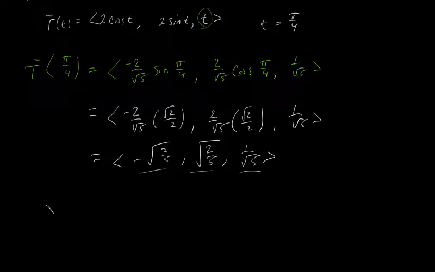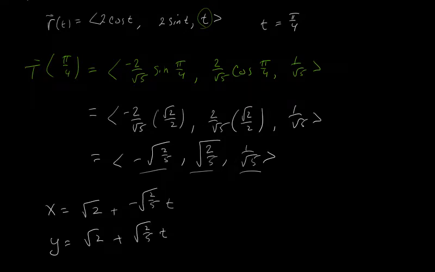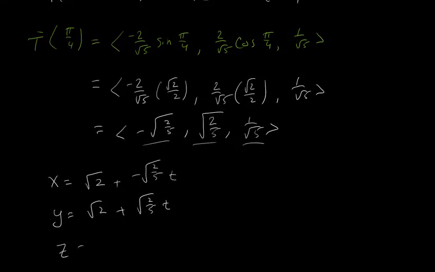So x is going to be equal to, the point was root 2, root 2, pi over 4, so we begin at root 2, and then we add negative square root of 2/5 multiples of t. y began at root 2 as well, and here we add positive square root of 2/5 multiples of t, and then z is equal to pi over 4 plus 1 over square root of 5 multiples of t.